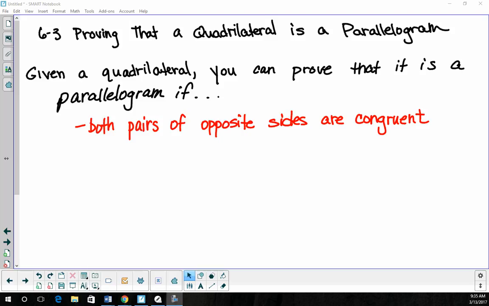And that's one of the properties that we looked at the other day, that in a parallelogram both pairs of opposite sides are congruent. So if you have both pairs of opposite sides congruent, it means that the figure has to be a parallelogram.